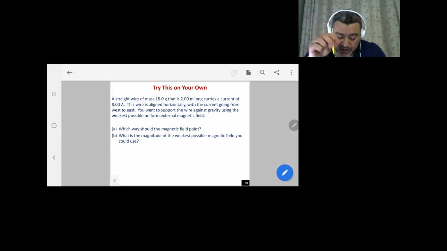So the mass here is responsible for the gravitational force that is pushing this wire down. We need to apply a magnetic field such that we generate a magnetic force opposing the gravitational force, so the wire will be at least hanging in its location with zero net force.